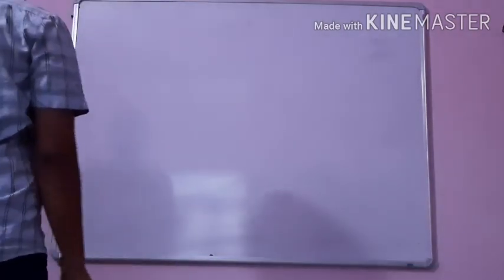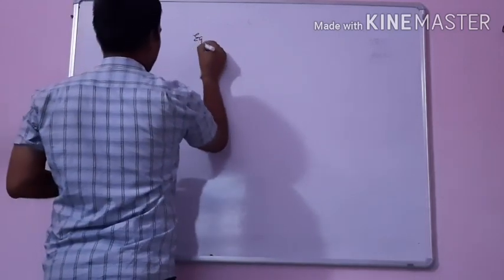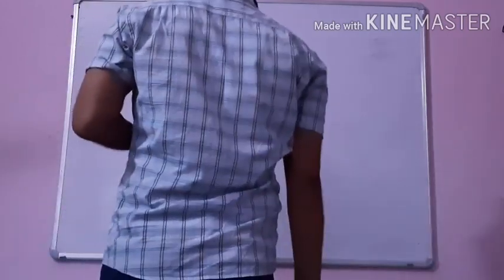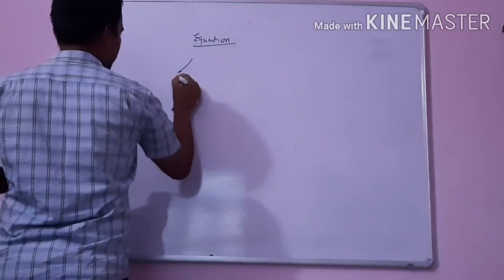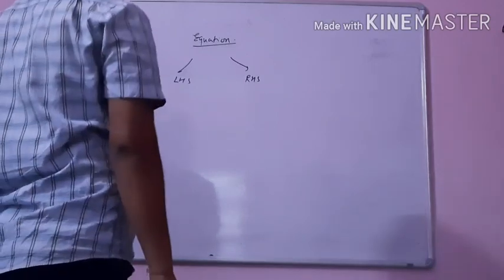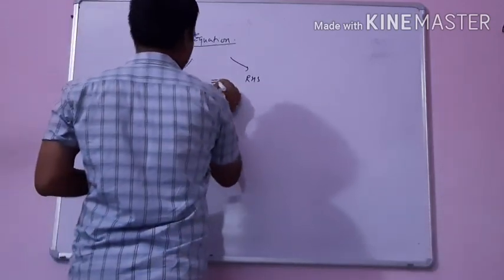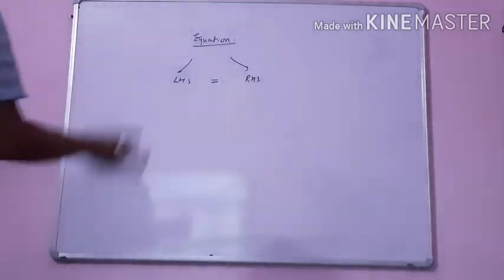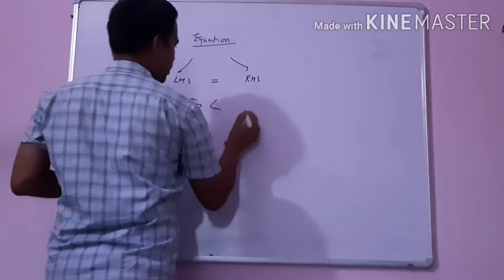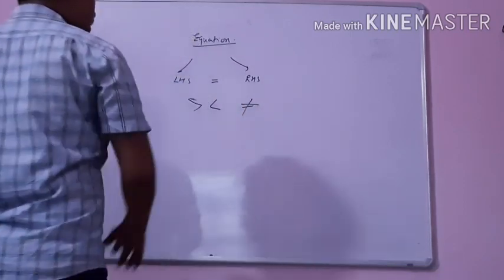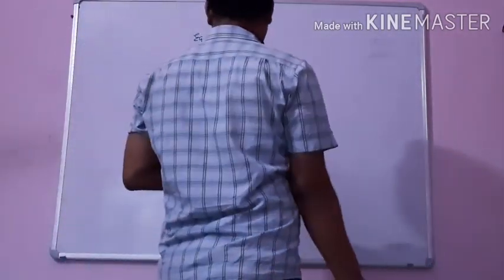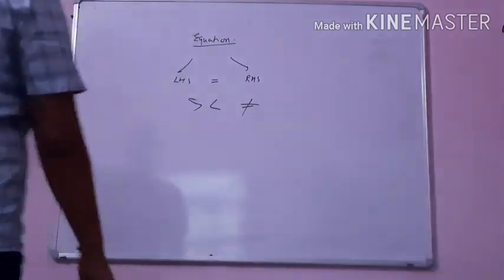But now, an equation contains two parts: one part is the LHS and another part is the RHS, separated by an equal to sign. If another sign is there, such as greater than, less than, or not equal, between two terms, then that expression will not be an equation.